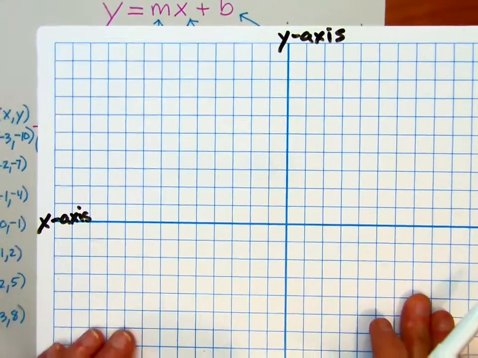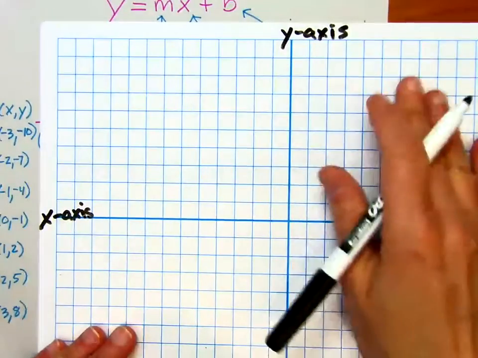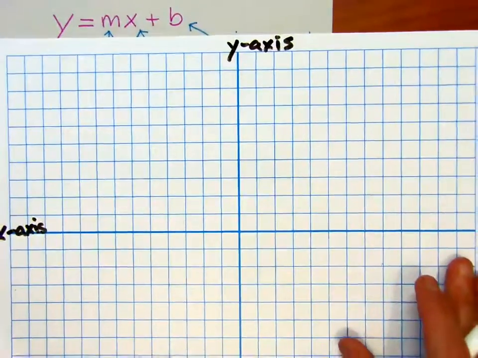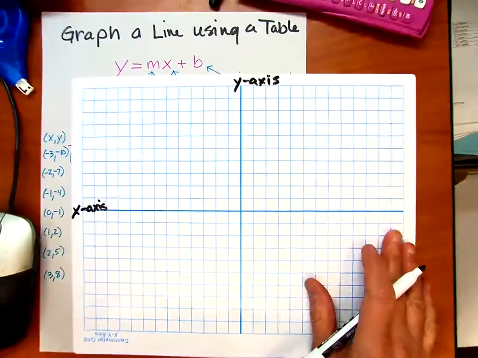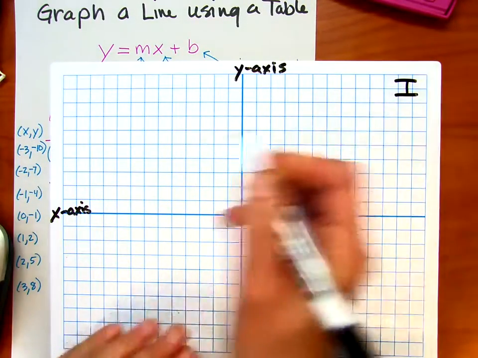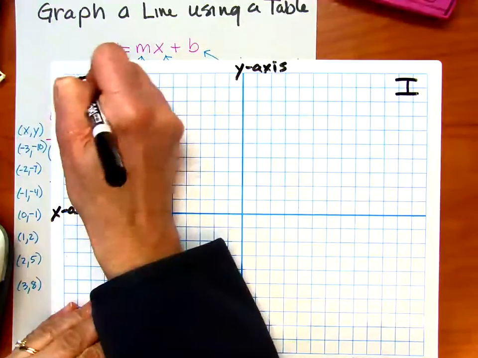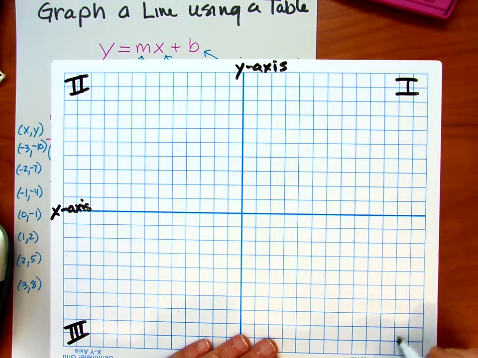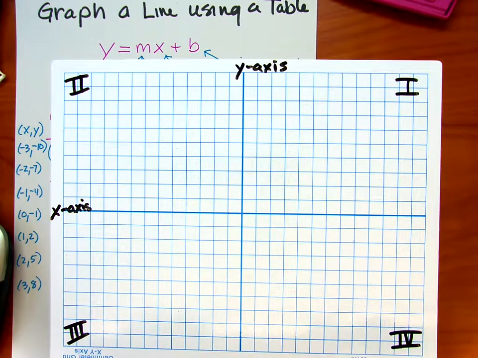Now, just a quick review, this is the first quadrant, this is your second quadrant, the third quadrant, and then our fourth quadrant.